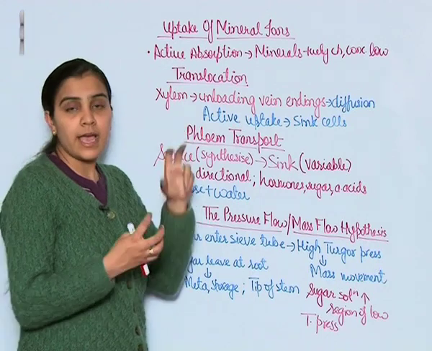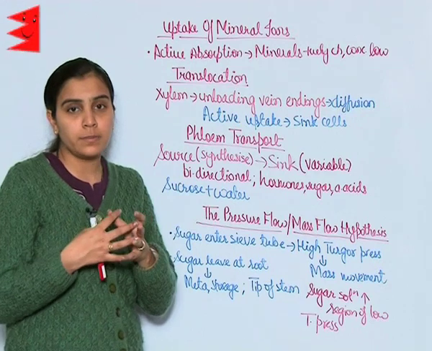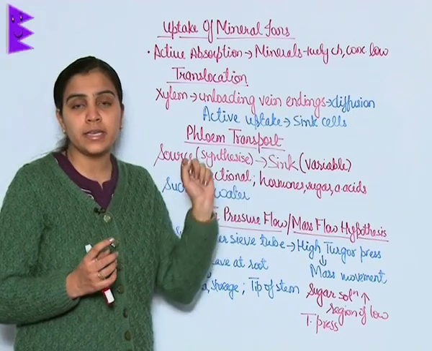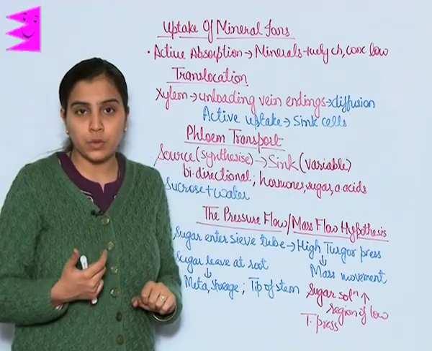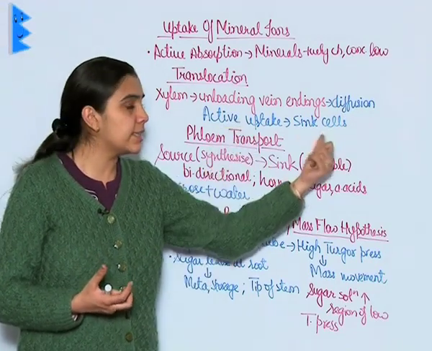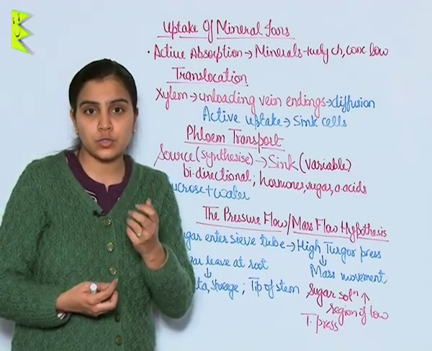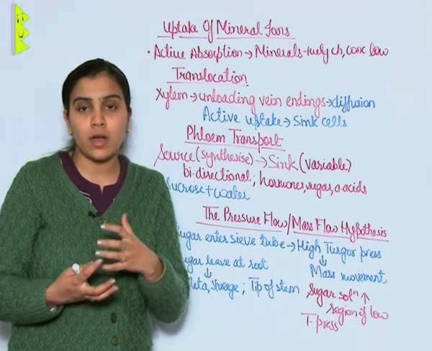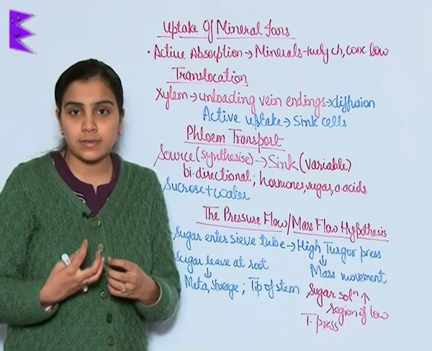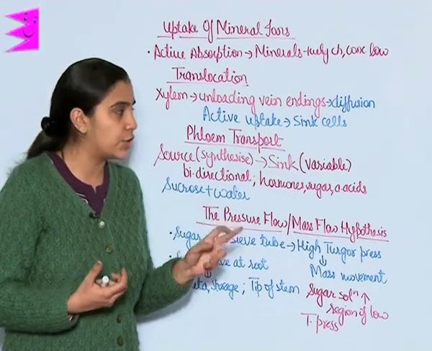At the xylem, as these ions, either through active or passive absorption method, reach the xylem, they unload at the vein endings through the mechanism of diffusion, and then they are actively uptaken by sink cells, which can be the new bud, tip of the shoot, apical meristem, etc. Sink cells are the cells where growth or regeneration is taking place and nutrients are required in higher concentration.